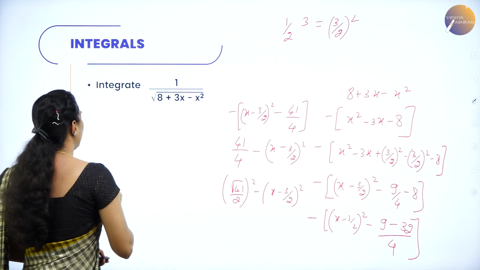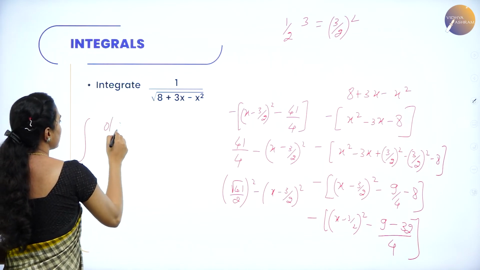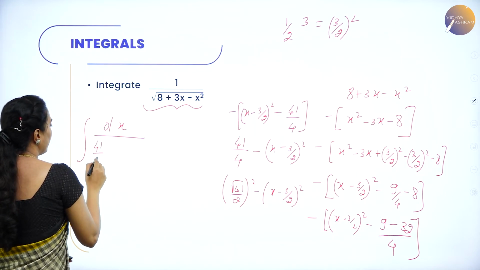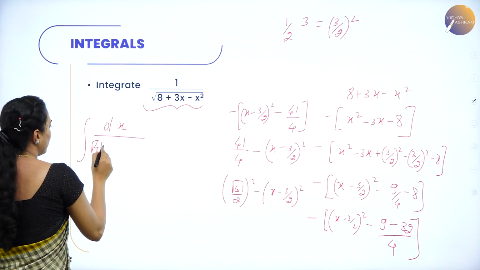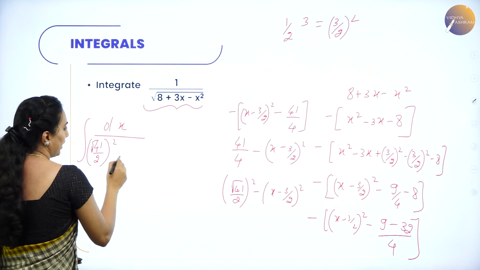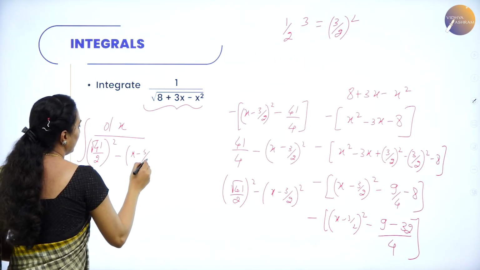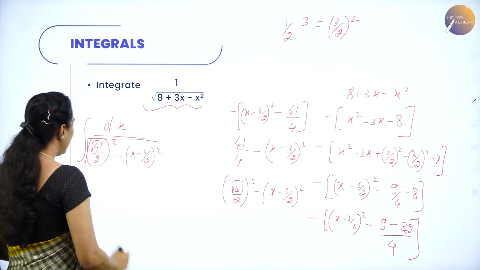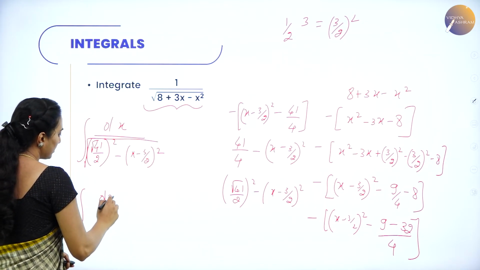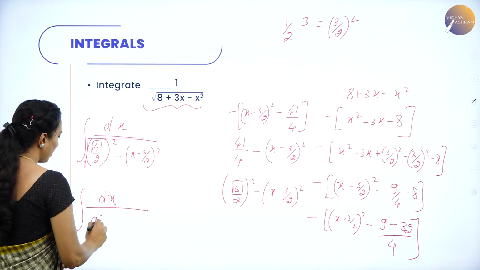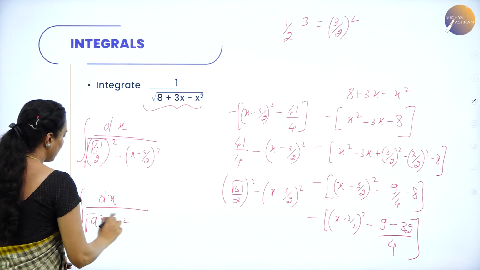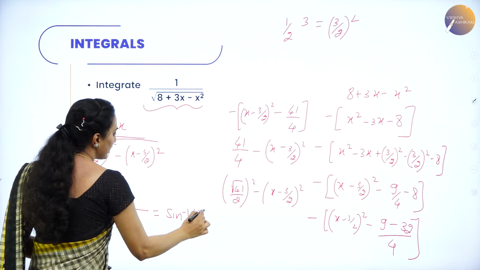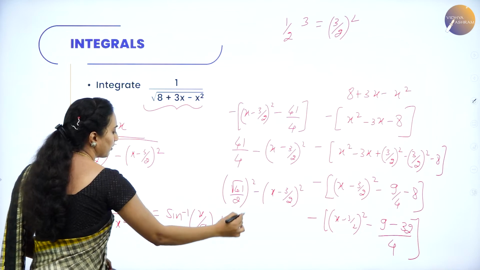Now, writing that under the root, the integral of dx divided by this can be reduced to the form of (root 41 divided by 2) whole squared minus (x minus 3 by 2) whole squared, under the root. So, therefore, it is in the form of the integral of dx divided by under the root a squared minus x squared, which is given by the formula sin inverse of x by a plus c. Right?